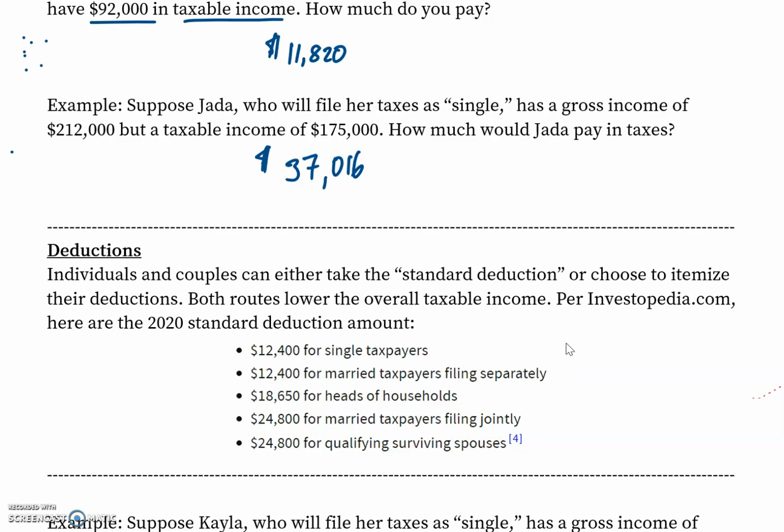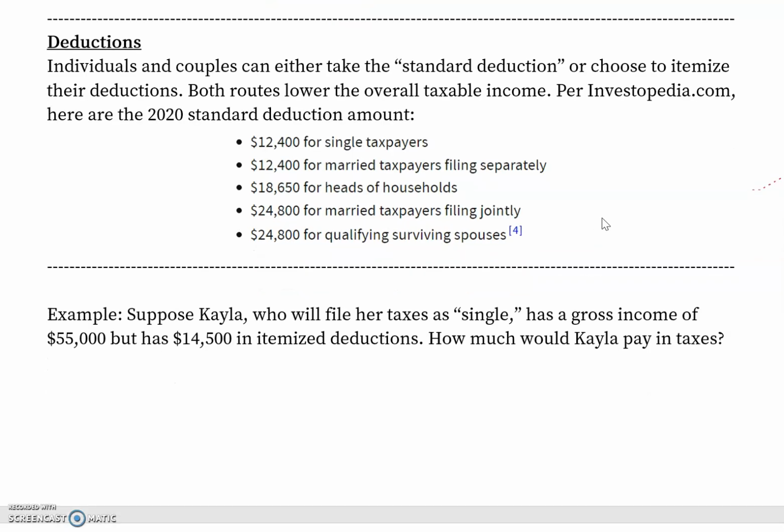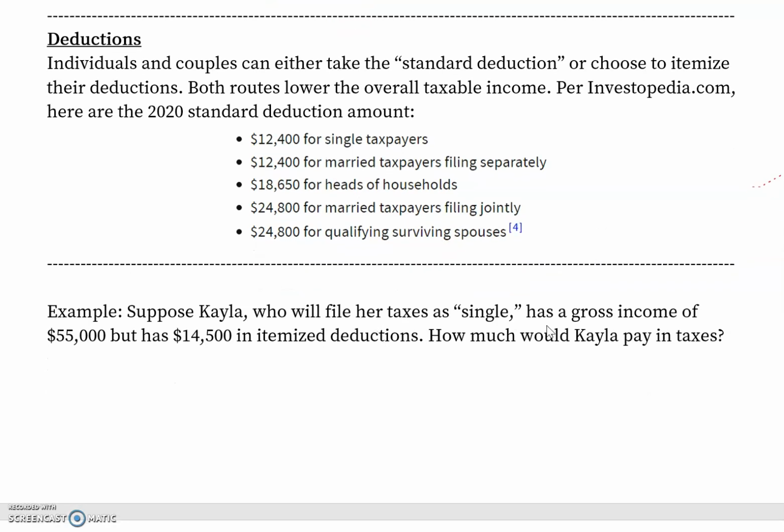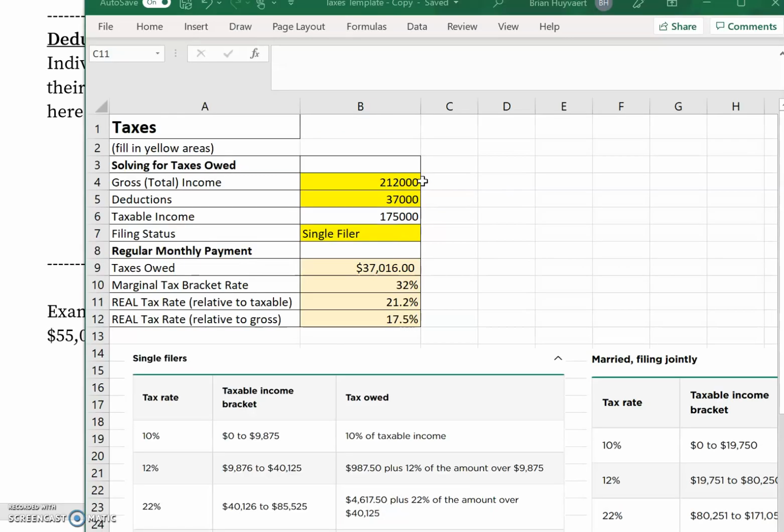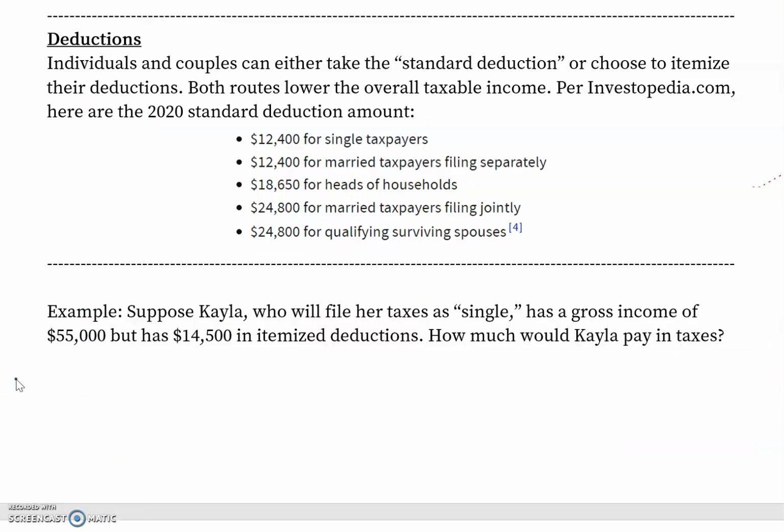Okay. Suppose Kayla, who will file her taxes as single, has a gross income of $55,000 but has $14,500 in itemized deductions. So we'll go back here. We'll say $55,000. She has $14,500 in itemized deductions, which means her taxable income is just the gross minus the deductions, right?